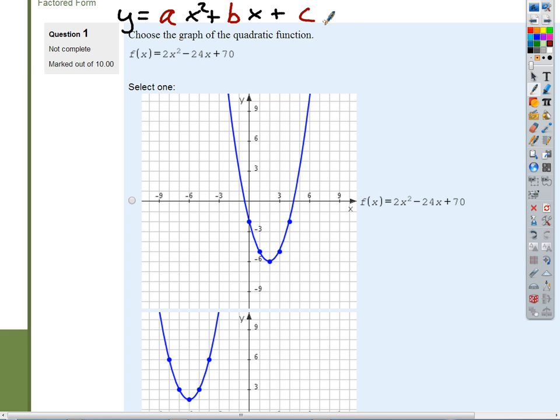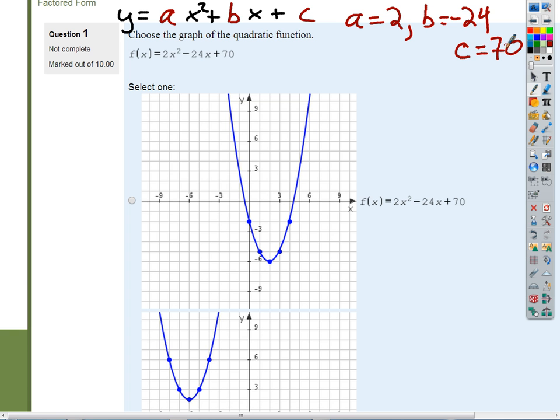So what's a? What's b? Good, negative 24. And c equals 70, right? Okay. Then we have to find the x-coordinate of the vertex.